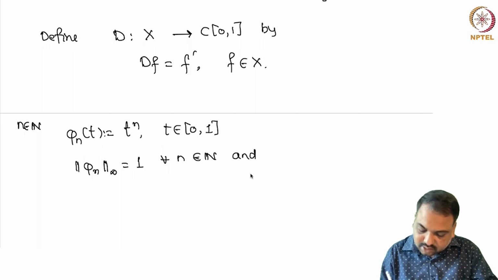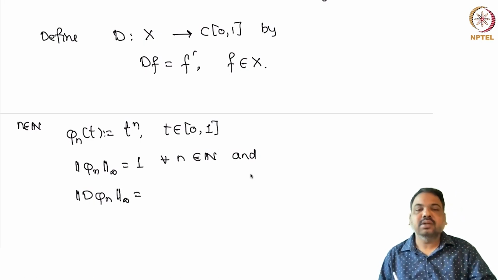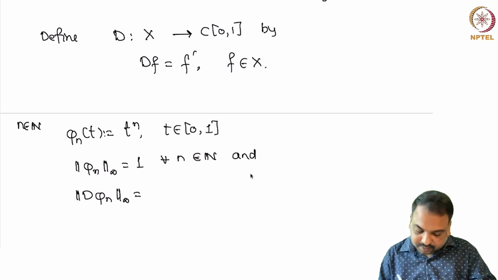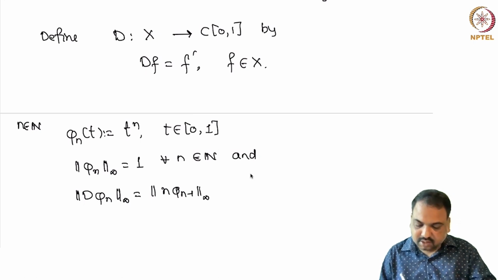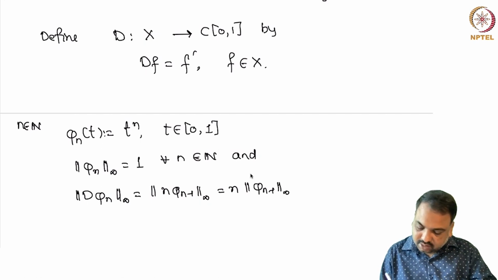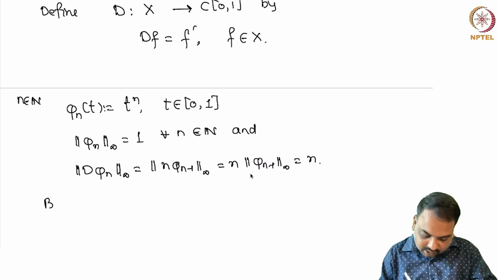And if you look at the norm of D phi_n, on C[0,1] we also take the supremum norm. This is nothing but the sup norm of n phi_{n-1}, because phi_n' is n times t to the power n minus 1, that is n phi_{n-1}. This is n times the sup norm of phi_{n-1}, and we know that this is 1, so this is n.